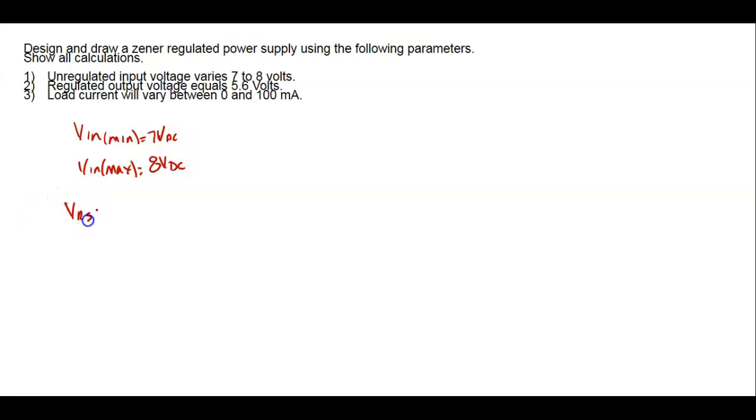So VRS minimum, with 5.6 being our Zener, is going to be equal to 7 minus 5.6, and then my VRS max is going to be equal to 8 minus 5.6. So what do we got here?